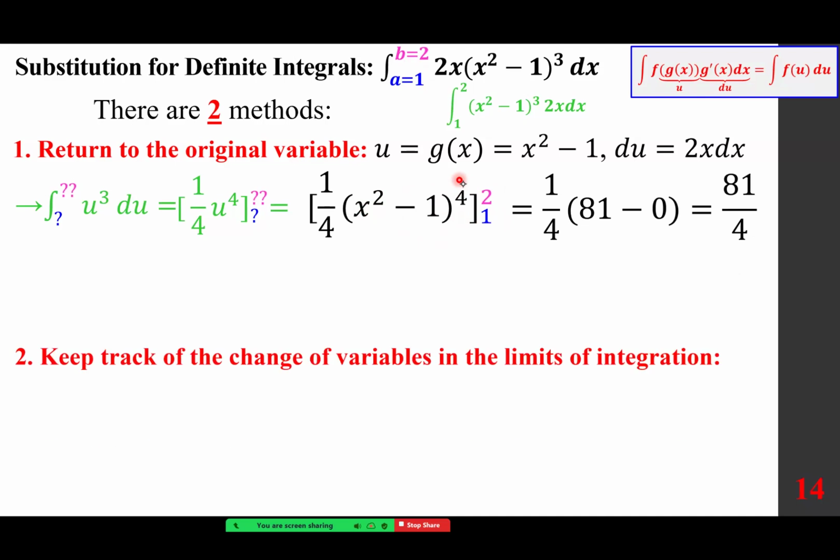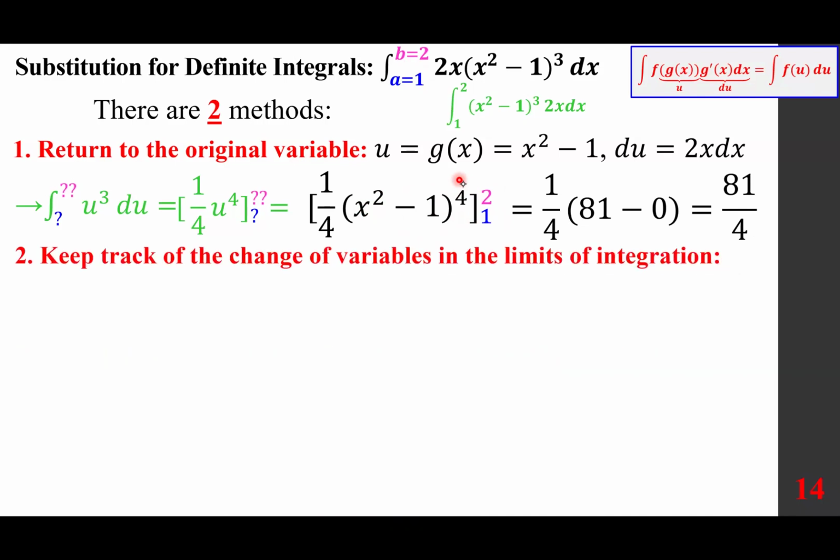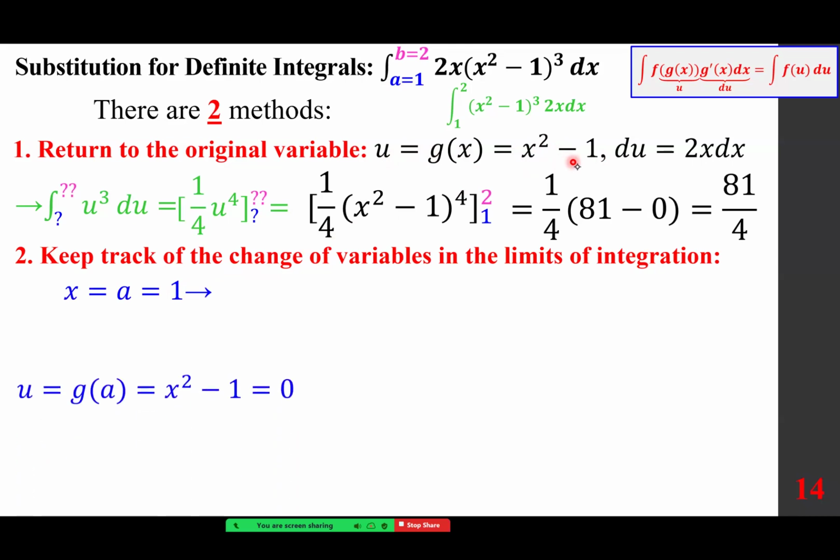As I said, the second method is to keep track of the change of variables in the limits of integration, which means first, the lower limit is 1 or a, and the function u is x squared minus 1. So if I put it in there, 1 minus 1 results in 0.